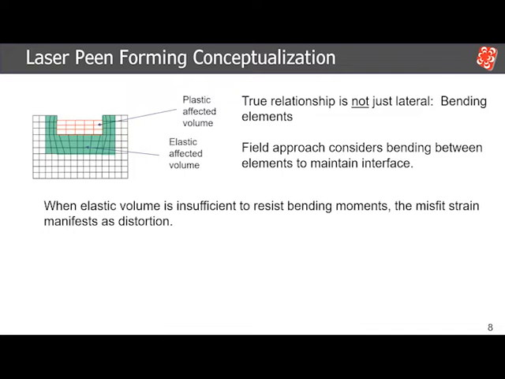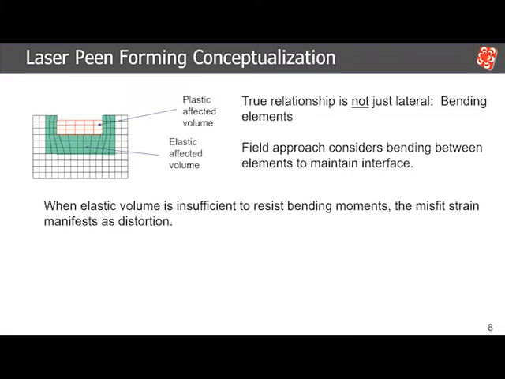Just to consider why that is, there's a plastic affected volume of material. There's also the elastic affected volume. And we show in our previous diagram that this is a nice, simple lateral relationship, whereas this sample stretches out horizontally. The actual response is also horizontal. That's not the actual case, right?